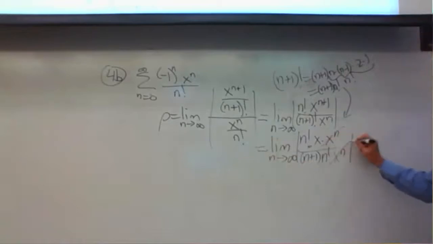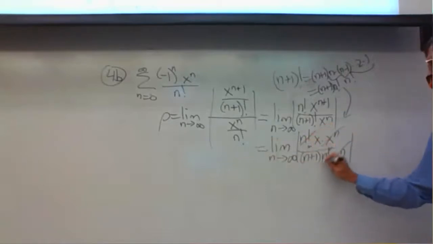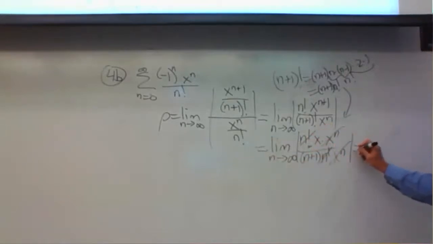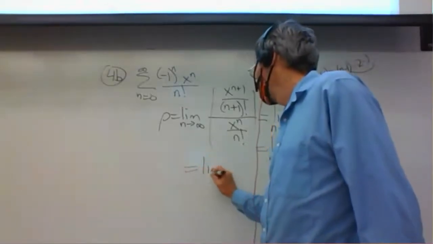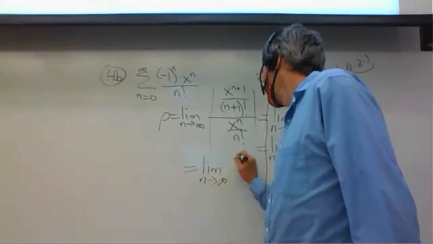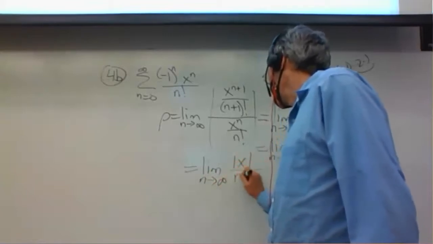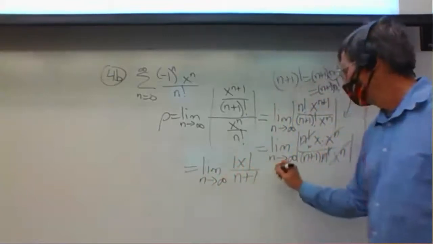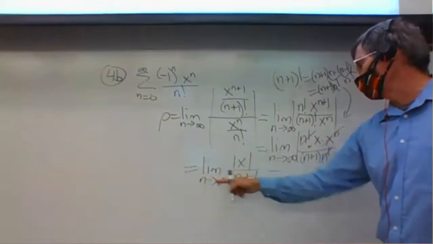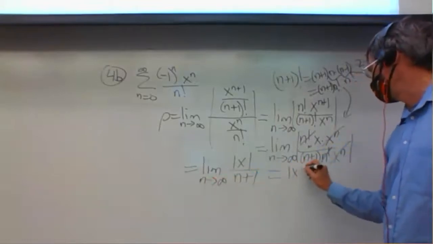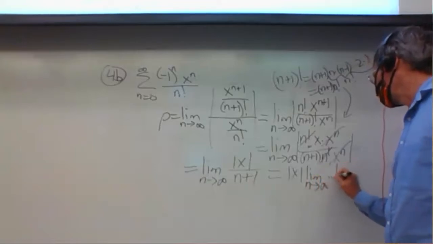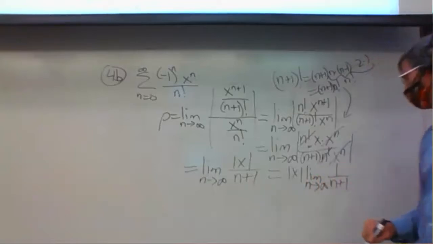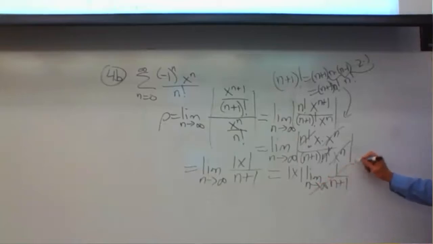The x to the n's cancel, the n factorials cancel, and we've got the limit of x over n plus 1. We get rid of the absolute value on the n plus 1 because it's positive. You can pull the absolute value of x out because the limit is in n. So it's the absolute value of x times the limit as n goes to infinity of 1 over n plus 1, which is what? 0, right? 1 over bigger and bigger numbers is 0.